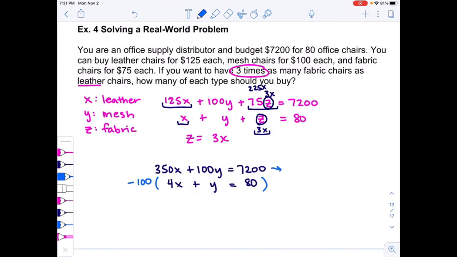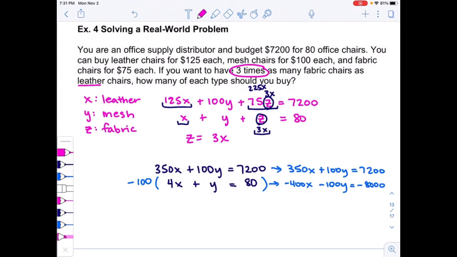So let's see, if we rewrite out these equations, we have that 350x plus 100y was equal to 7,200. And if I multiply through by that negative 100, we're going to have a negative 400x, minus 100y, and we're going to have a negative 8,000.